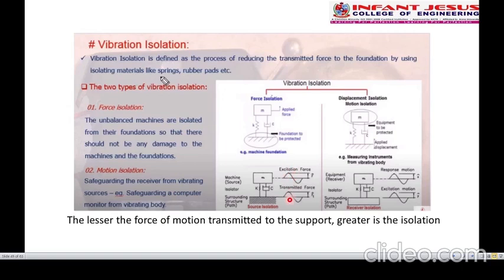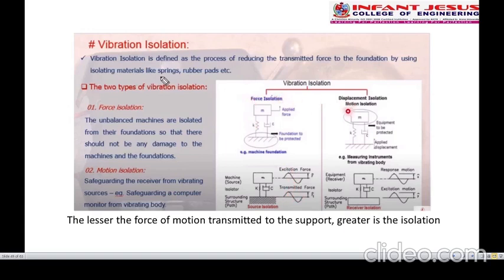That is determined by this method, force isolation. All the excitation force is not transmitted to the foundation, only a little force is transmitted. We can calculate how much force is transmitted to the foundation. That method is called force isolation.